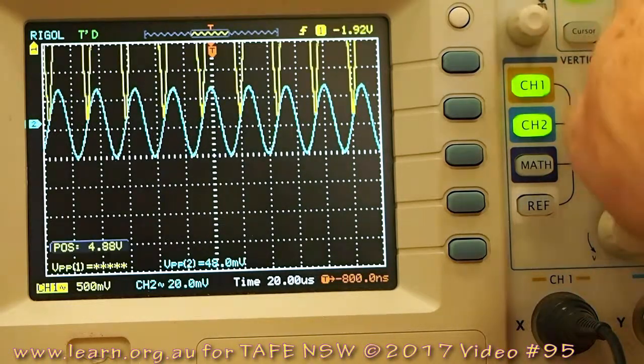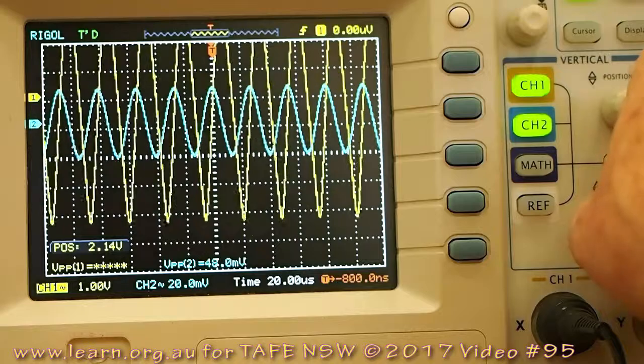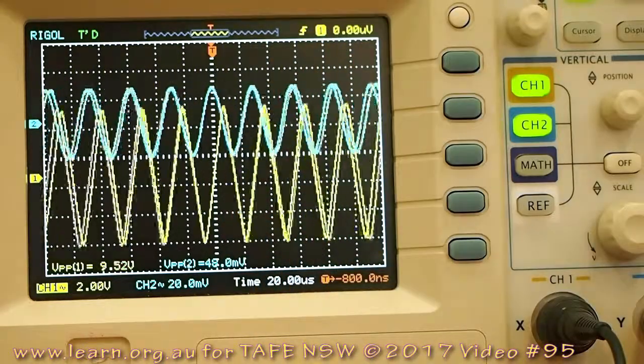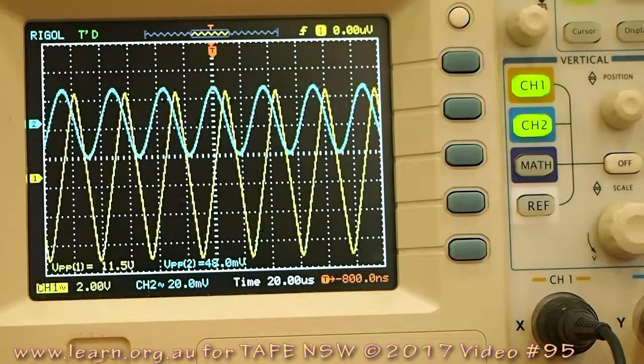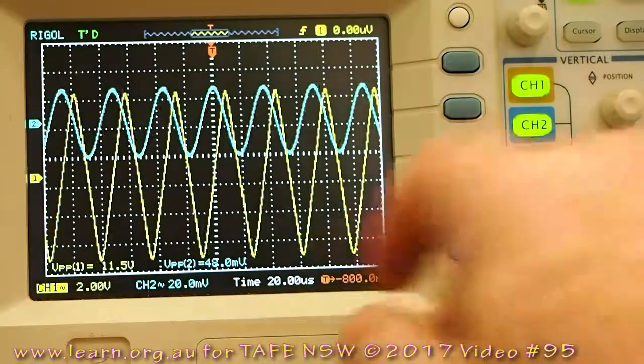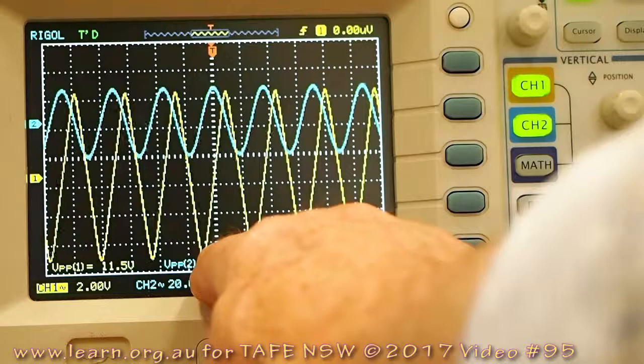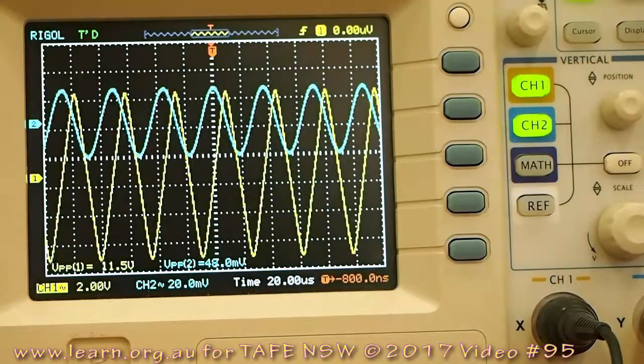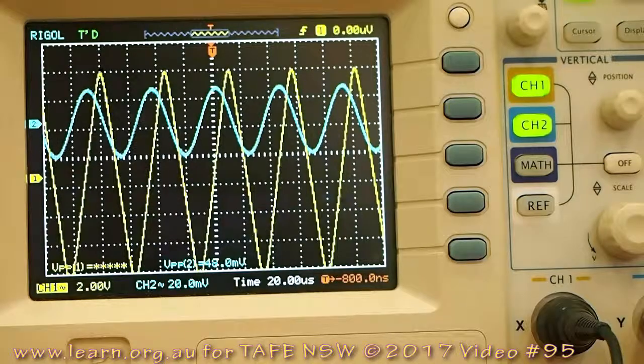Okay, bring him back down again. Oh, where are you, critter? There he is. Very pointy there. 37. I'm running 48 millivolts peak to peak at the input. I'm down to 28 kilohertz there. Ooh, 22 kilohertz, but the output is humongous.